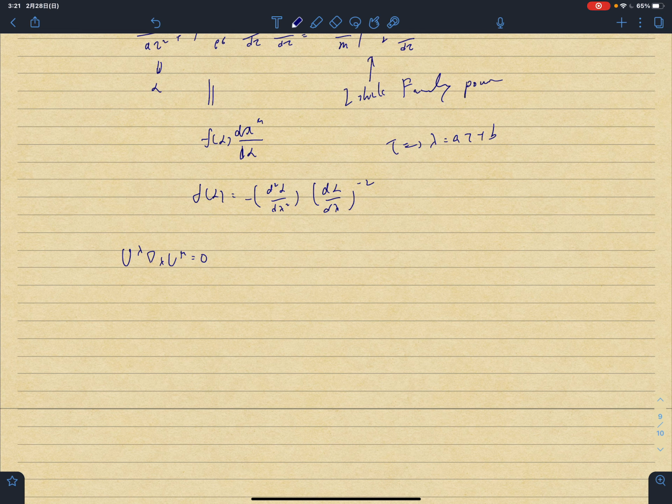Similarly, in terms of four-momentum p mu, the equation is simply p lambda d lambda p mu. We can write this equation in terms of this. This relation explains the idea of a free-flowing particle keeping moving in the direction its momentum is pointing.